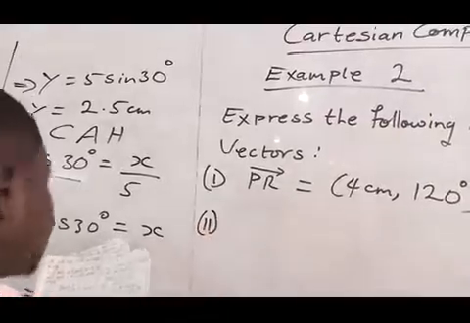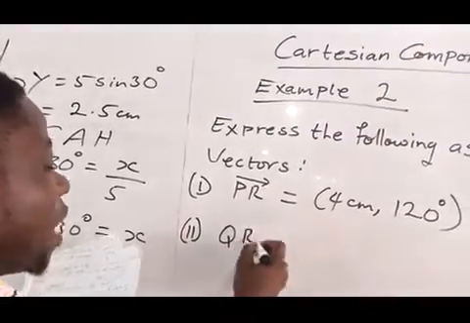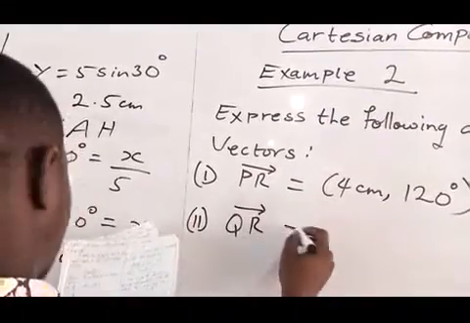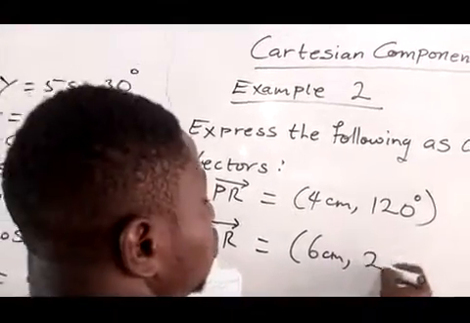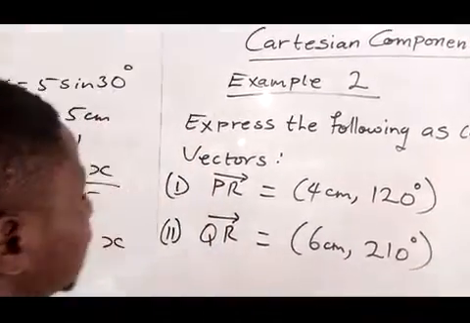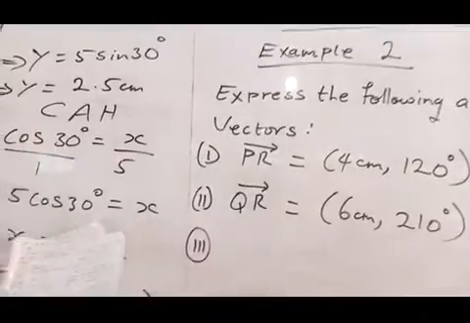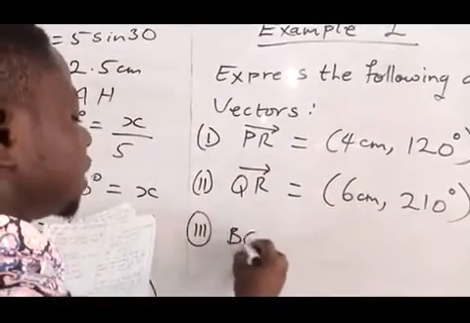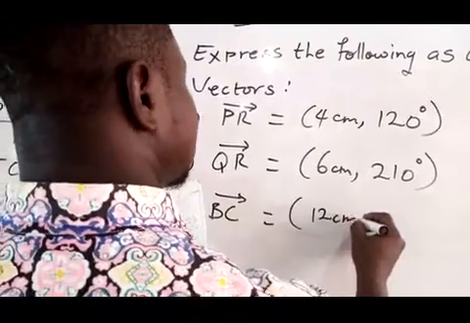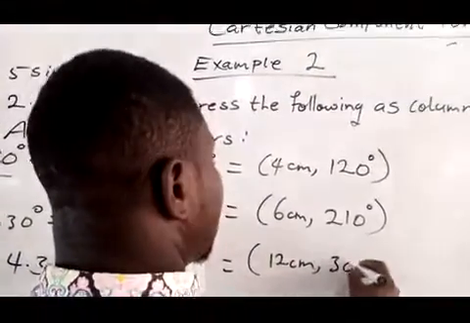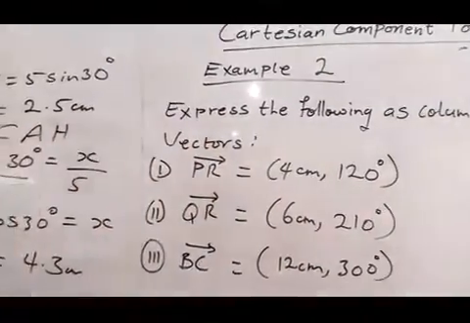II, QR equals 6 centimeters, 210 degrees. Then III, BC equals 12 centimeters and 300 degrees.